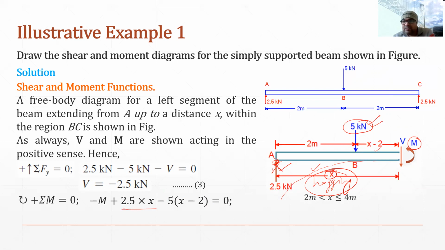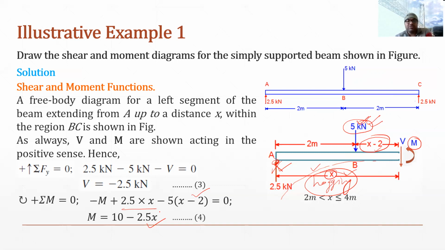Similarly, minus, because this force is creating a hogging moment, which is negative, so it is minus 5 multiplied by the perpendicular distance, which is x minus 2. Solving this equation, we find M is equal to 10 minus 2.5x. So that is the fourth equation.